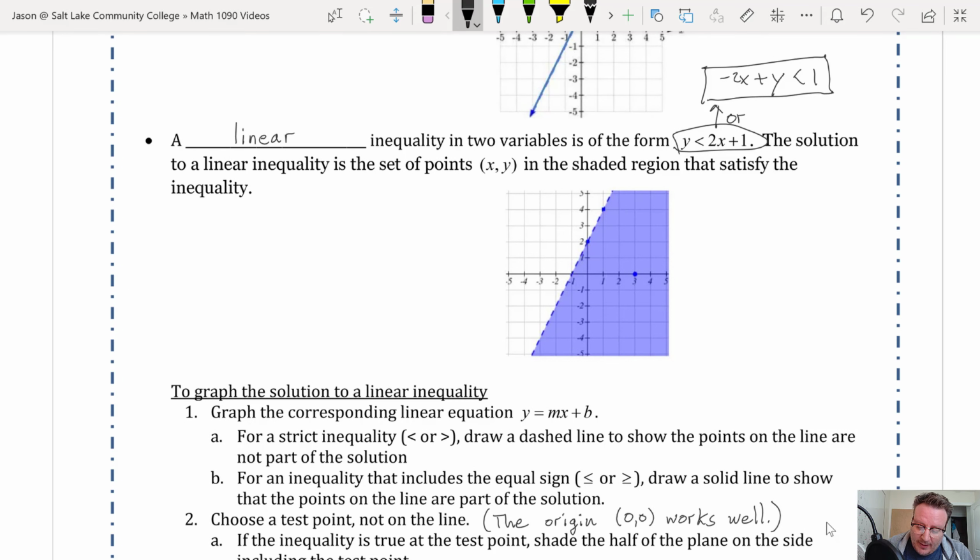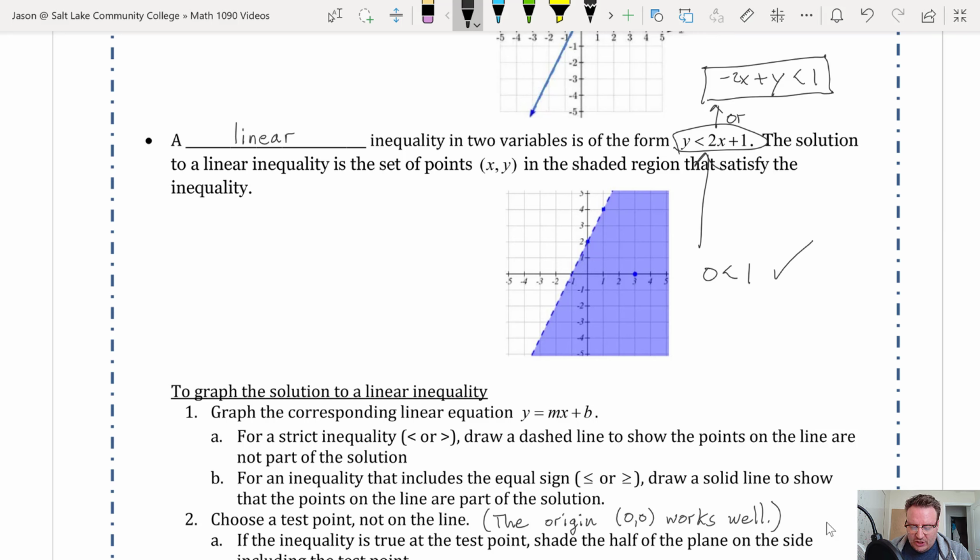So for example, I could plug the origin into this inequality, and I would get 0 is less than 2 times 0 is 0, plus 1 is 1. And indeed, 0 is less than 1. So that point, 0, 0, satisfies the inequality, and so we know that all the points on that side of the line satisfy the inequality as well.